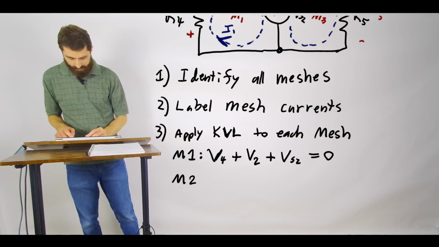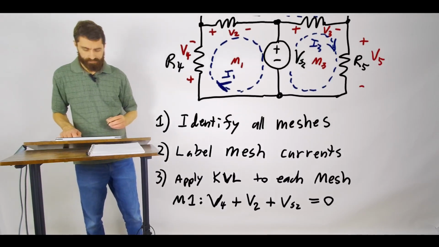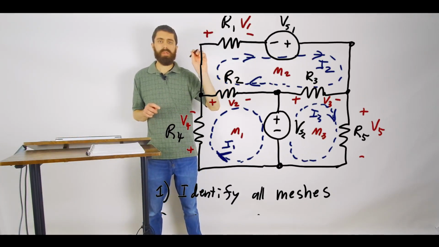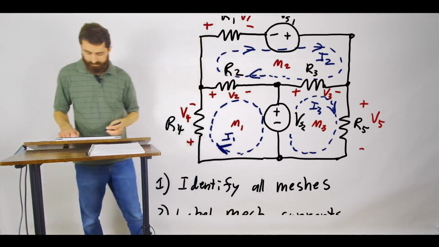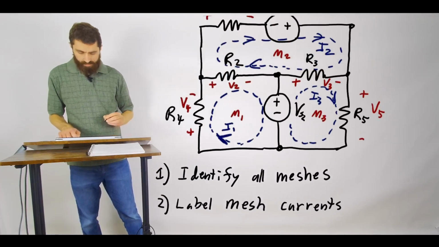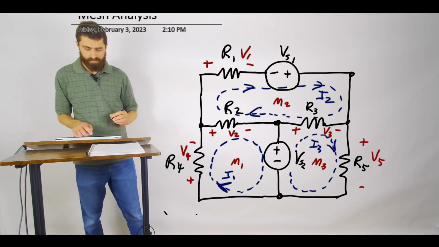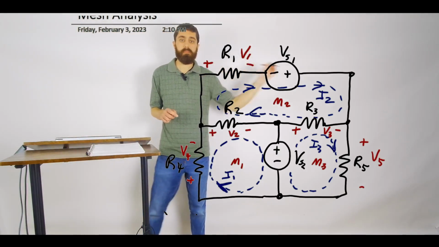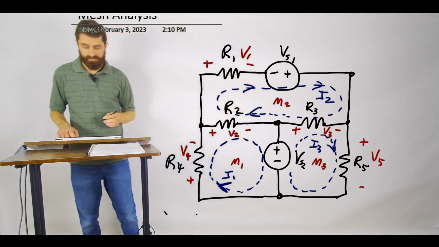All right, now mesh 2. We'll go around the loop. We hit plus V1 here. Then we hit a minus sign here, so it's minus VS1.